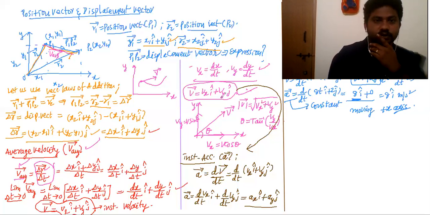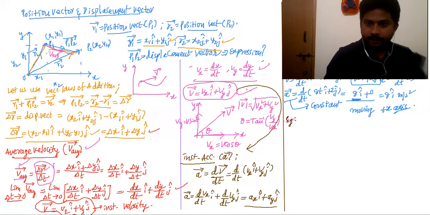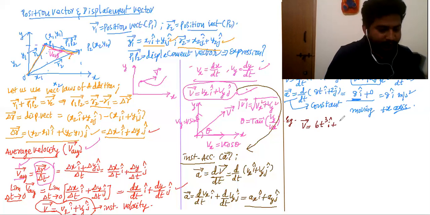Now, are you ready to solve the next question, my dear students? The next question is, look at this. Given v bar is 6t³ i cap plus t² j cap, in meter per second, because velocity is given in meter per second.